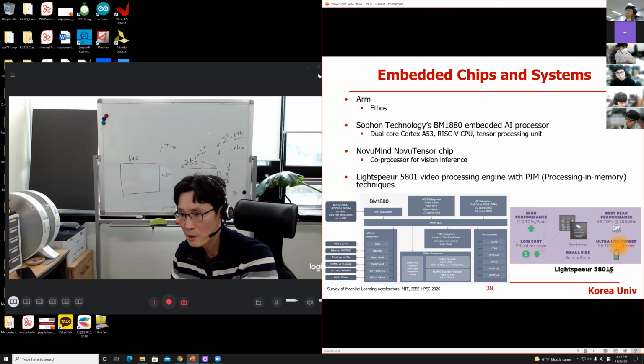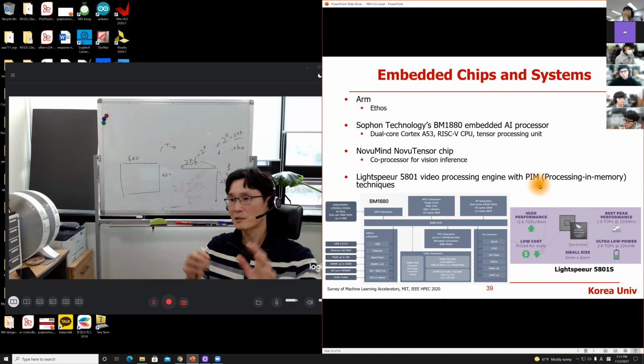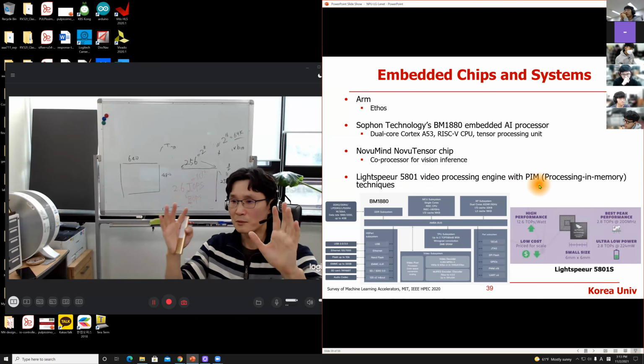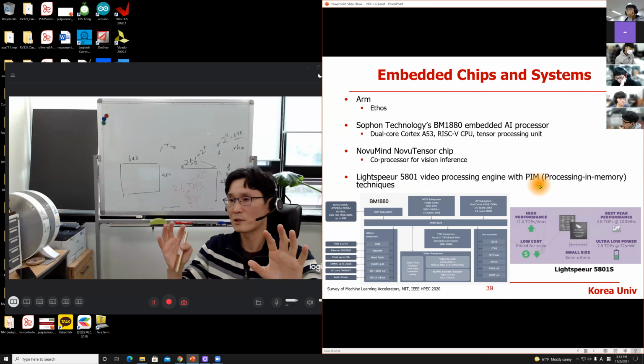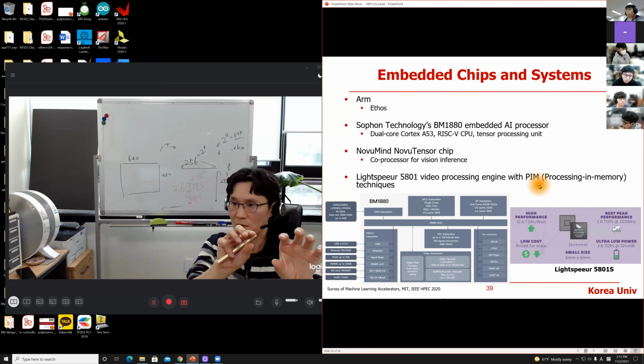It doesn't disclose detailed information, but it says it is implementing PIM, processing in memory. So that is, I think, a special thing. In memory, you have not only storage cells but also a logic unit to do some multiplication operations.